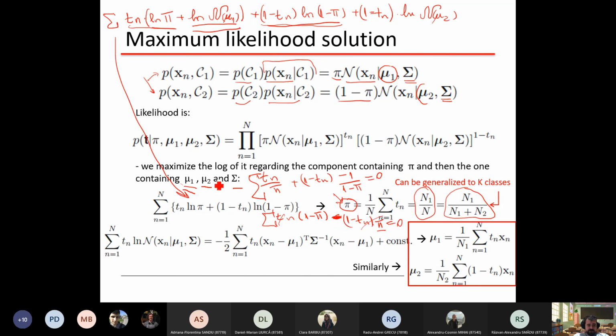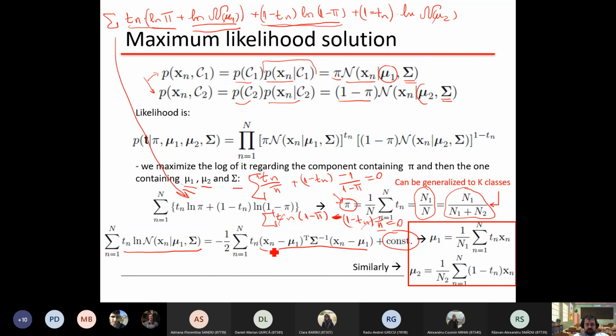So the only term that we're interested in is this term from here. And when we derive this, you remember that it was a logarithm of an exponential, so we get rid of the exponential and remain only with the term that comes from here, plus some constant that stays there.